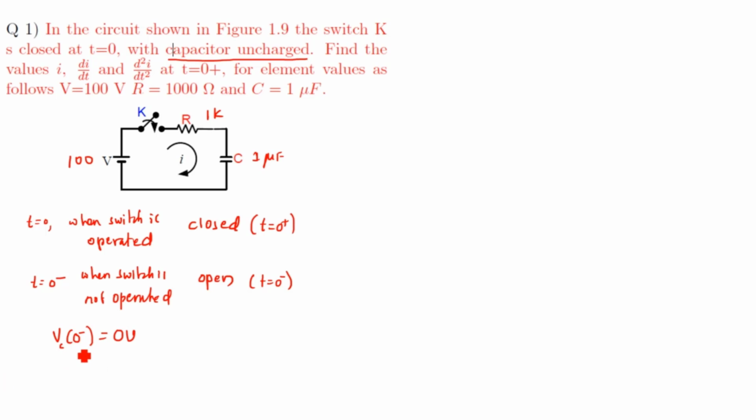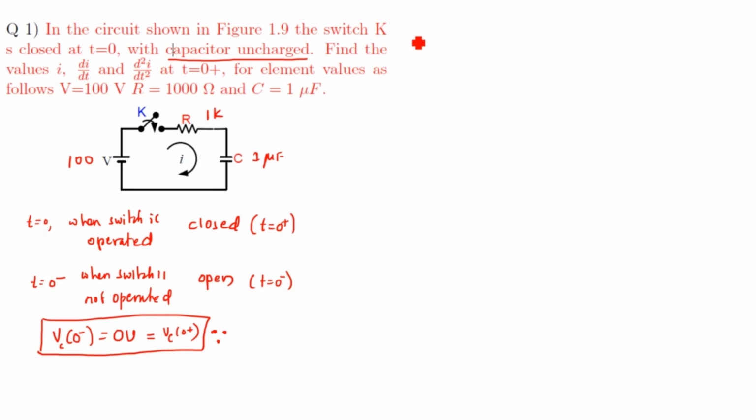So I can write VC at 0 minus equals 0 volt, and I can write VC at 0 plus equals 0 volt, because the capacitor doesn't support instantaneous change in voltage across it. It is already discussed. Alright?